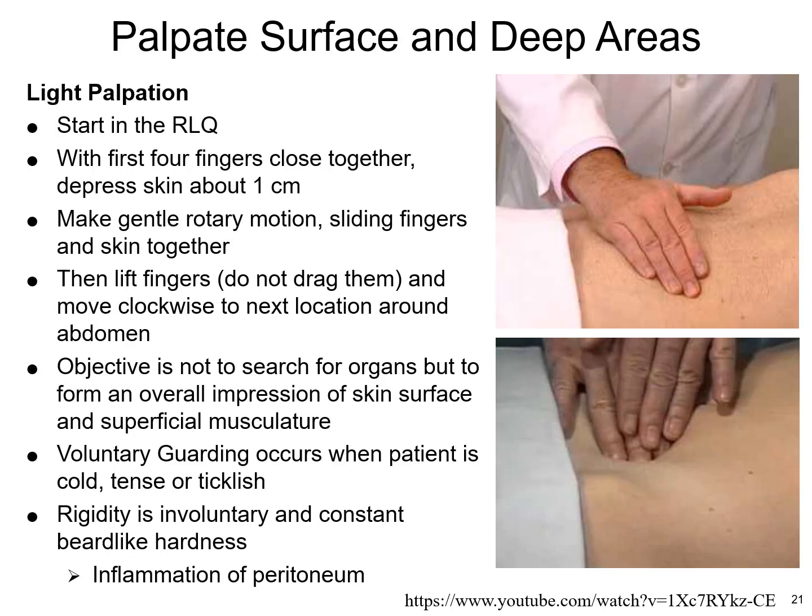How we palpate is we begin in the right lower quadrant. You want to use your first 4 fingers, close them together, and depress the skin about 1 centimeter. You're going to make small circular motions.